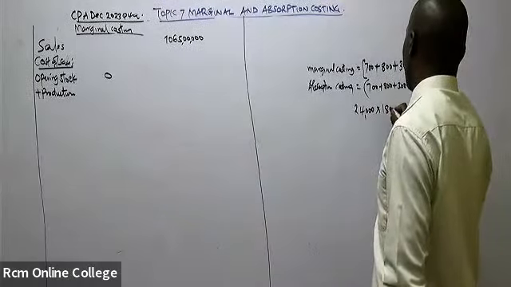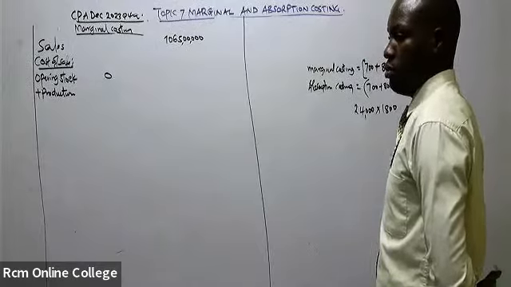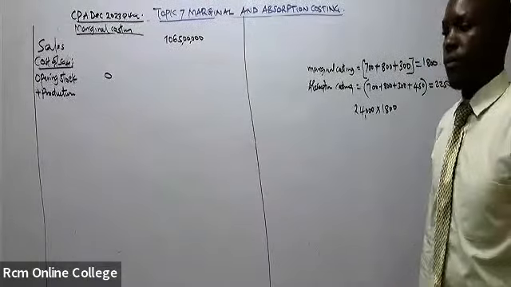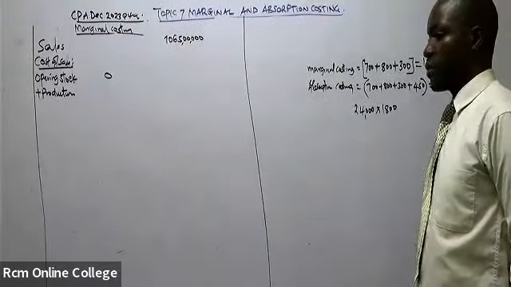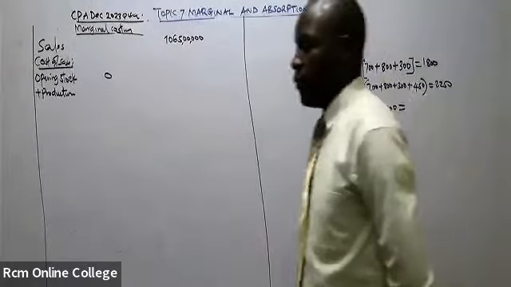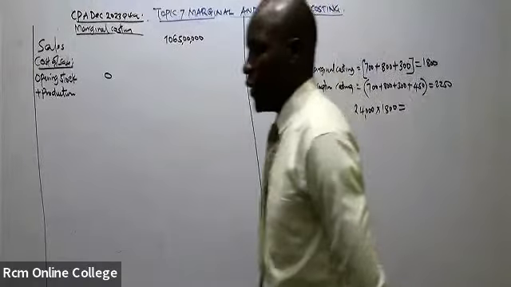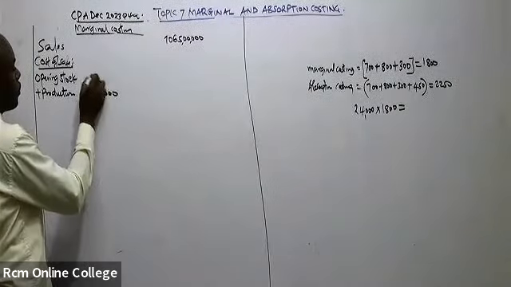So please give me your total production cost. 43,200,000. Then we less closing stock.